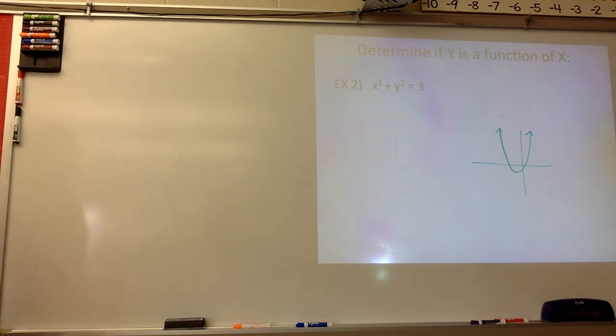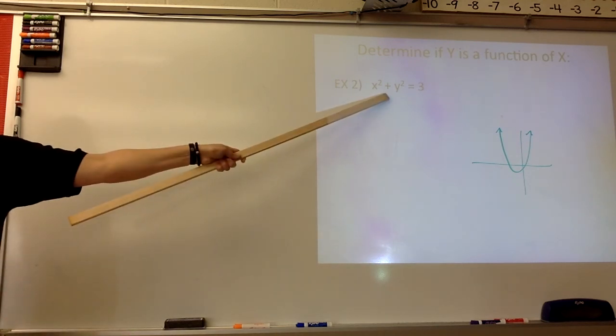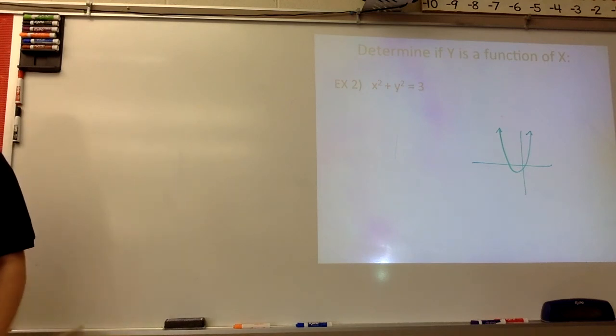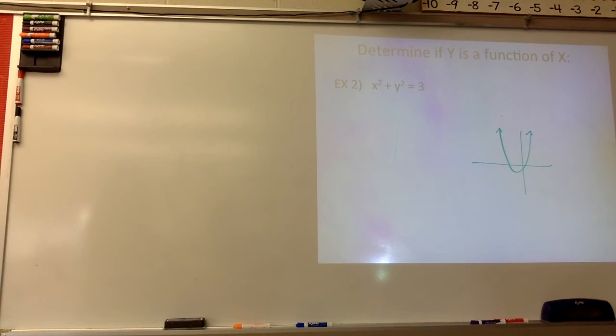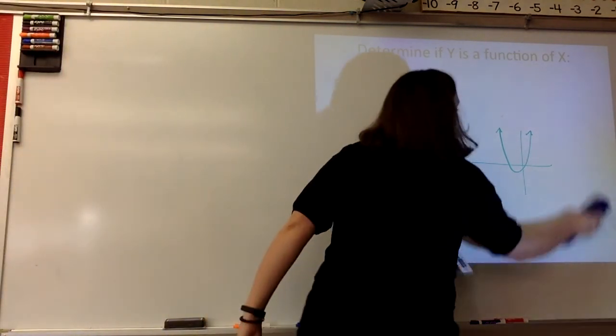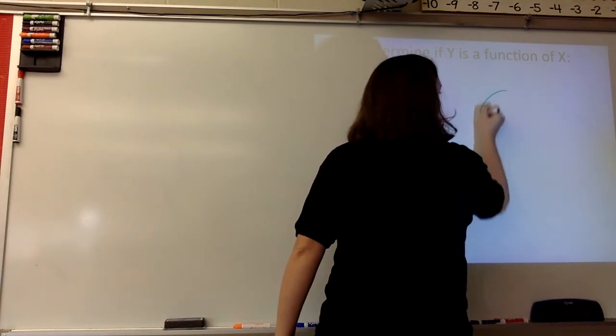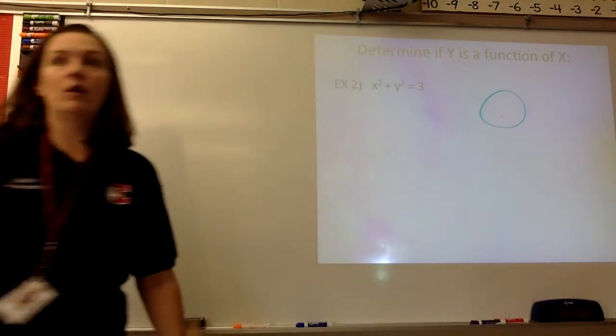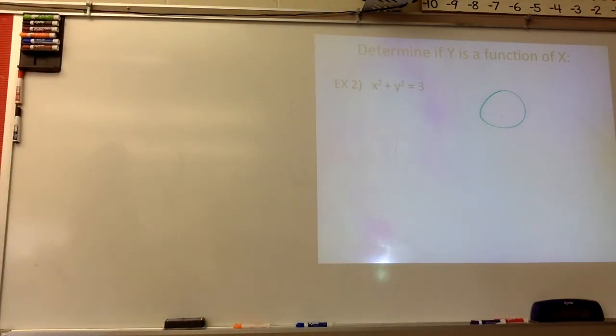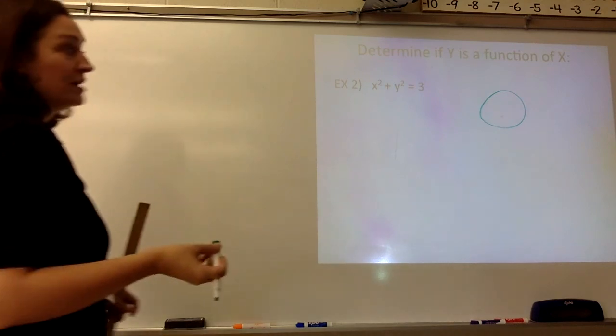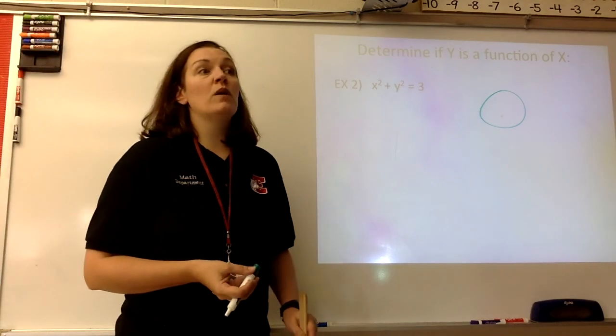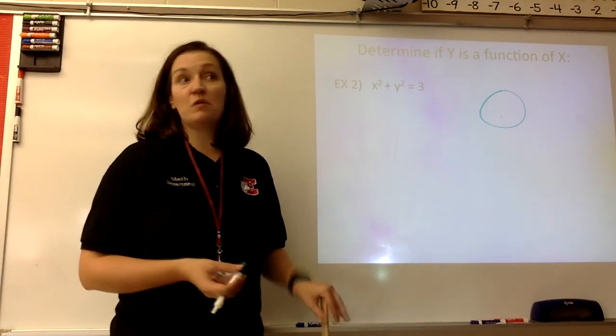Instead of y equals, I have y squared. Shape. It is a circle. All right. So now, without even graphing this equation, do you know whether or not a circle would ever pass the vertical line test?